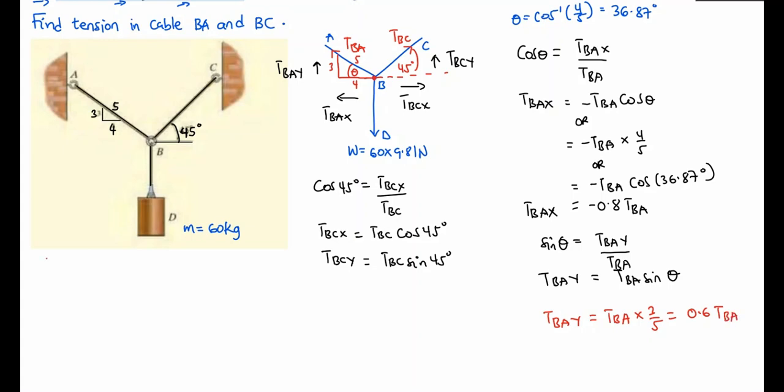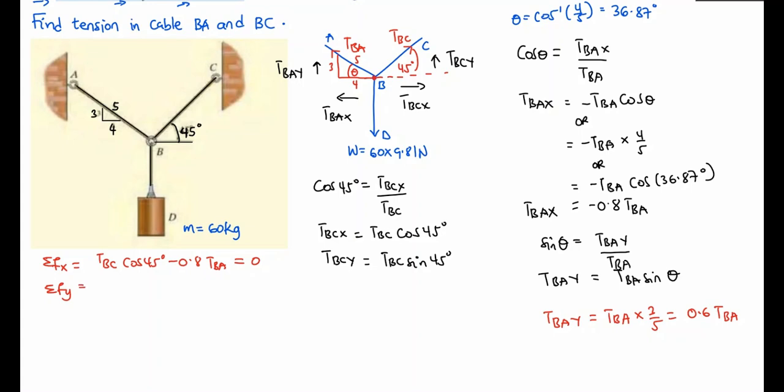So you're going to have the sum of the forces in the x axis direction equal to, you have for TBC, TBC cosine of 45 degrees, and then for TBA that will be minus 0.8 TBA, and this should be equal to 0. And let's consider the sum of the forces in the y direction also.